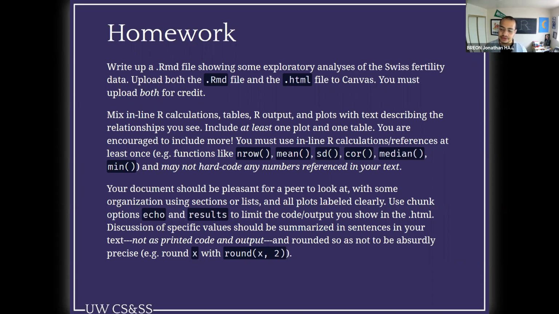Discussion of specific values should be summarized in sentences in your text and not as printed code and output. So you should also write up some information about what you're seeing in the plots and calculations that you're producing. And be sure that the output is rounded so as not to be absurdly precise, something like round(x, 2) with the round function, where x is rounded to 2 decimal places.